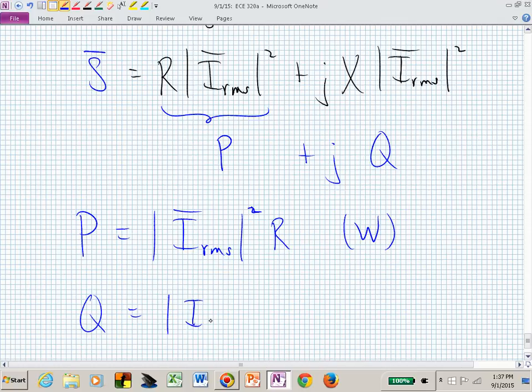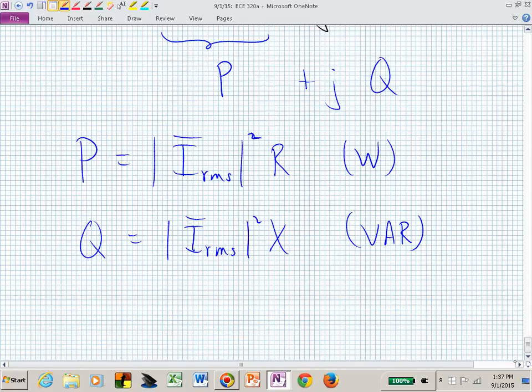Similarly, you could now say that I RMS squared times X is the reactive power, and I will refer to these, I hope for obvious reasons, as our current formulas.